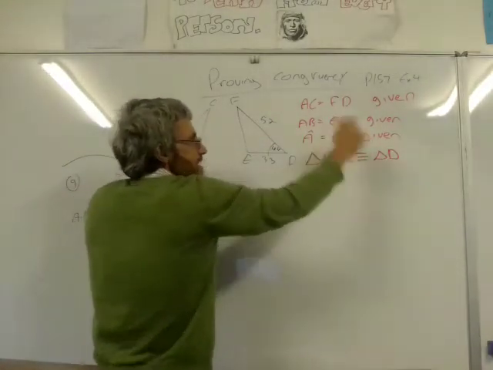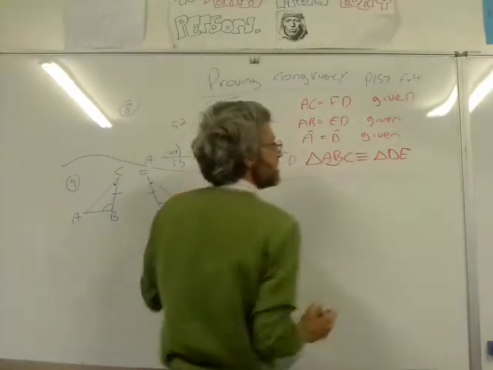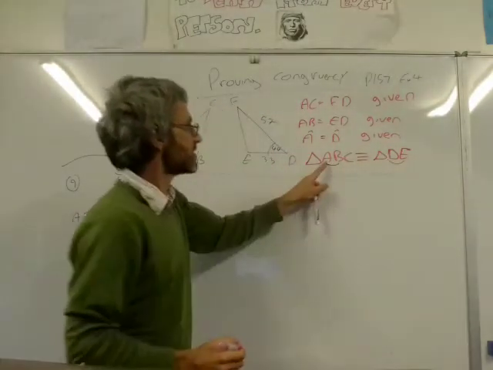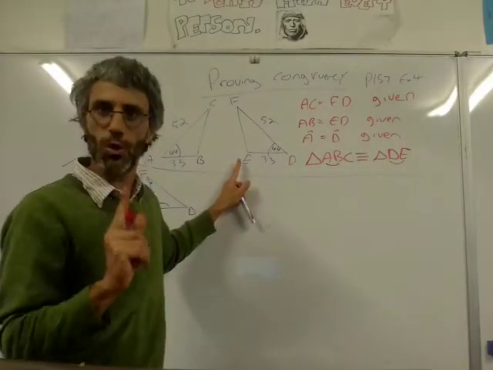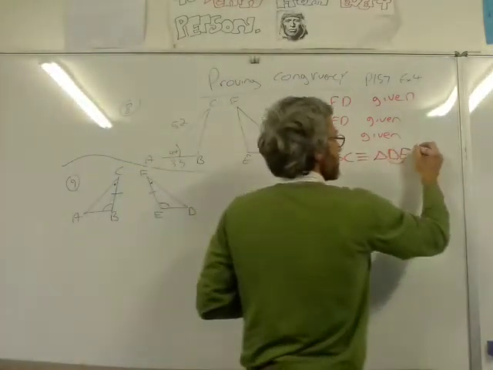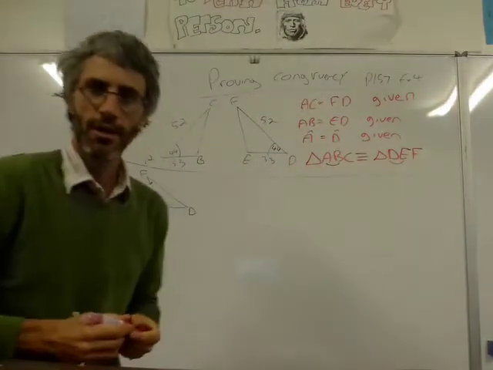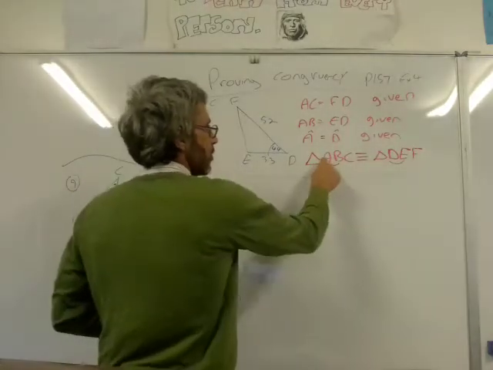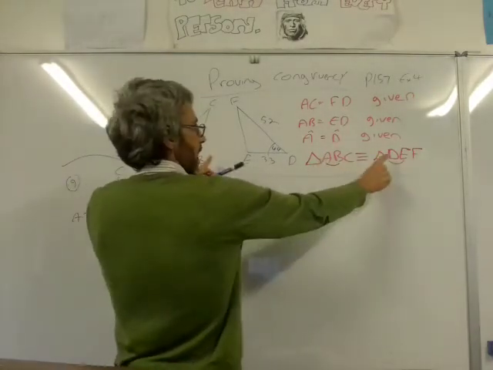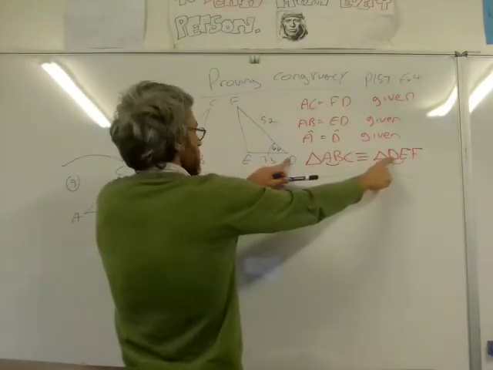So if I've got D here, the next letter needs to be E, okay? And now you can see that side AB is equal to the side DE, which is correct. So that means the last letter is F. Now let's look at this again. We did it last week, we'll just do it again. I know that angle A is equal to angle D. That makes sense.